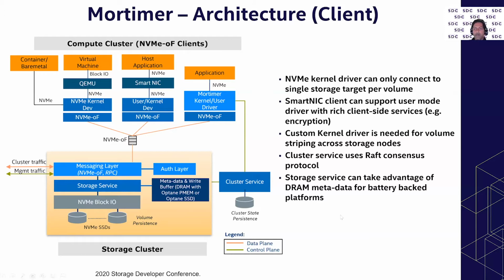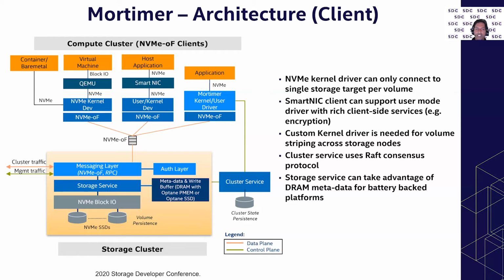Now, there is a possibility that we may look at DRAM-based metadata. There are certain platforms out there that have the capability to provide battery-backed DRAM, and we are looking at ways to support that kind of configuration. We could potentially use that configuration as a way to store the metadata.